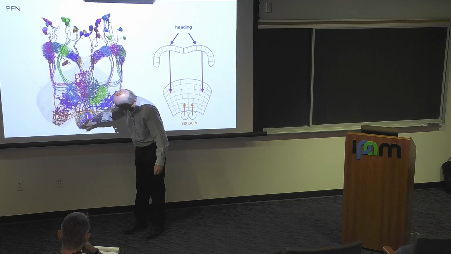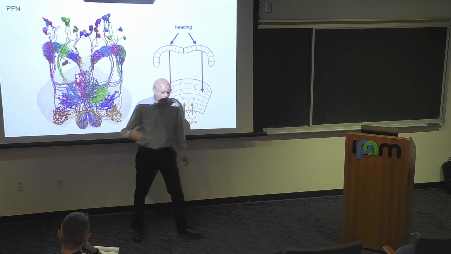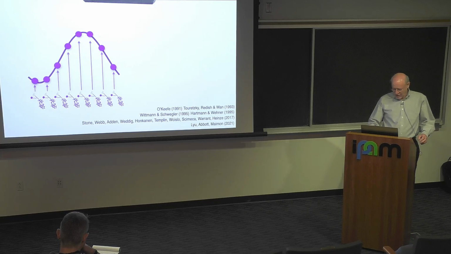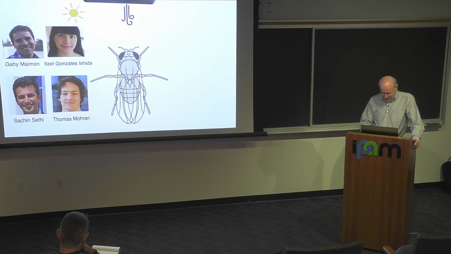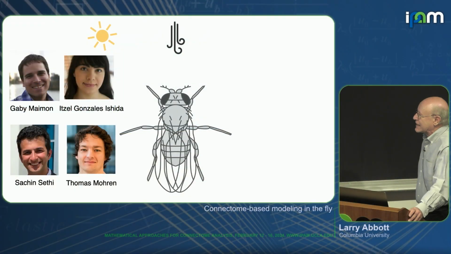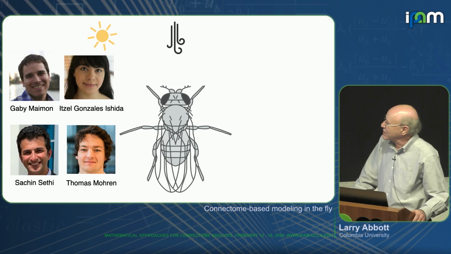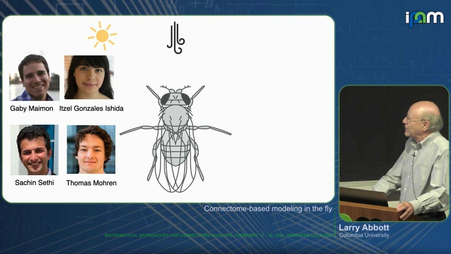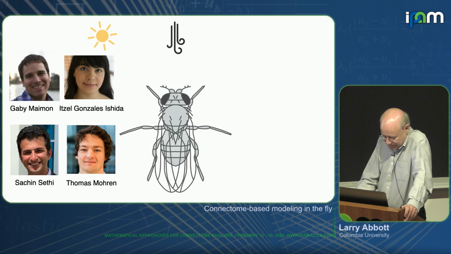And all this stuff down here is at least one of the places where they get sensory information. I'm not really going to talk too much about this study, but I'm going to use wind as an example. And the stuff I'm talking about from now on, until the very end, is done with Gabby Mayman and members of his lab that I'll point out along the way.